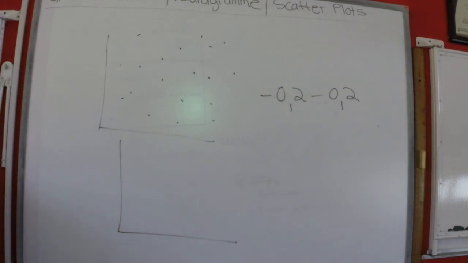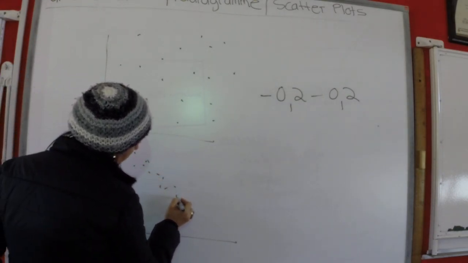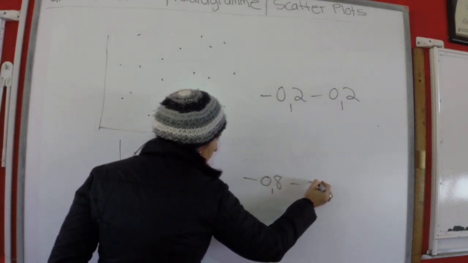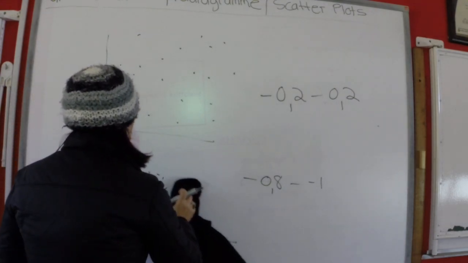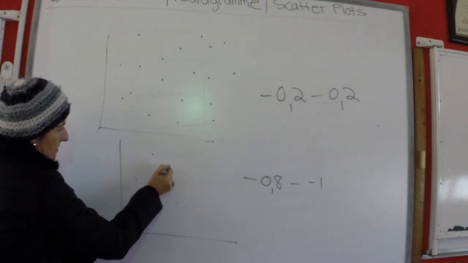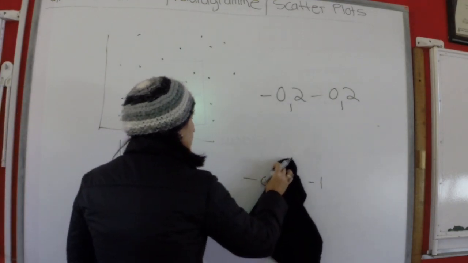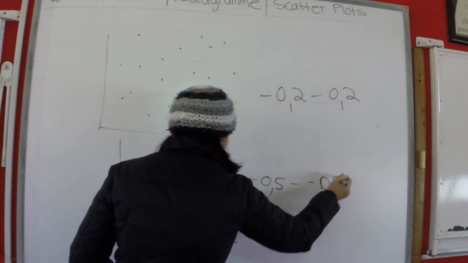So when we then get something like this, it's going to be between minus 0,8 and minus 1. Dan kry ons nou weer een, that's going to be something like this. That will be between minus 0,5 and minus 0,8.